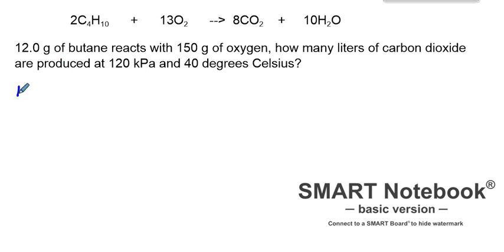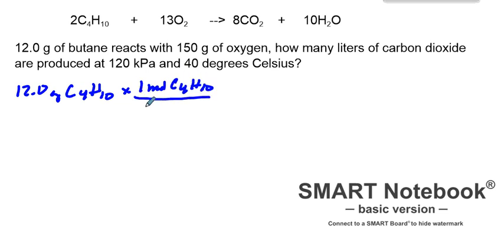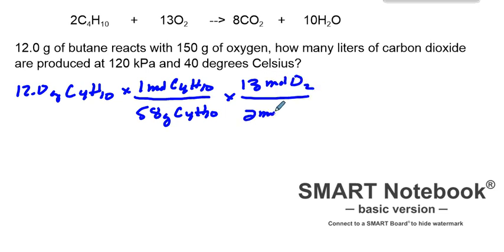So I'm going to take 12.0 grams of butane, the C4H10. I'll multiply that by 1 mole of that butane over a molar mass of 58 grams of C4H10. I, of course, will multiply that by 13 moles of oxygen over 2 moles of C4H10.